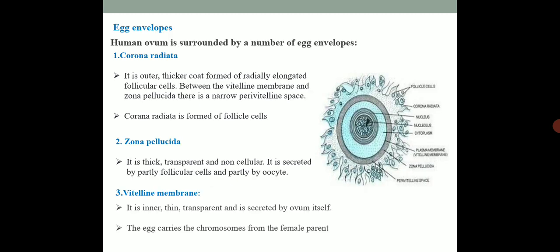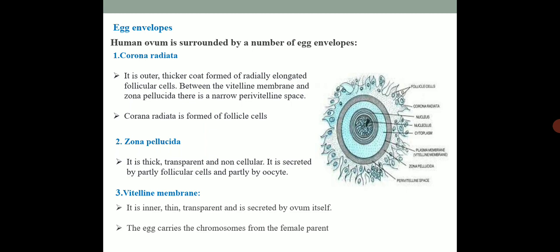The next part: first we learned about the cytoplasm, second the nucleus, and the third part is the egg envelopes, that means the covering of the egg. The outermost envelope is called the corona radiata.